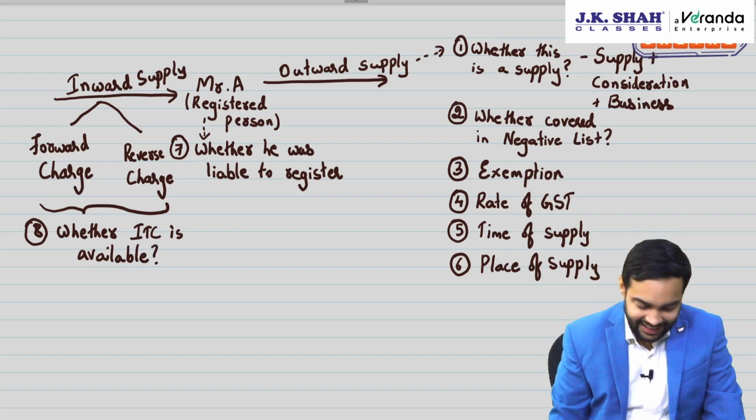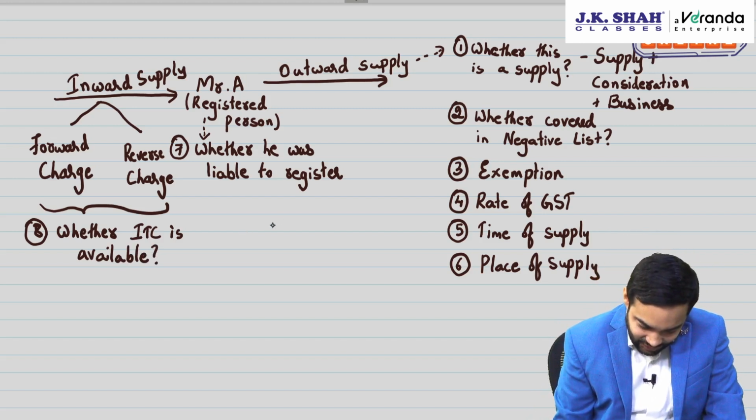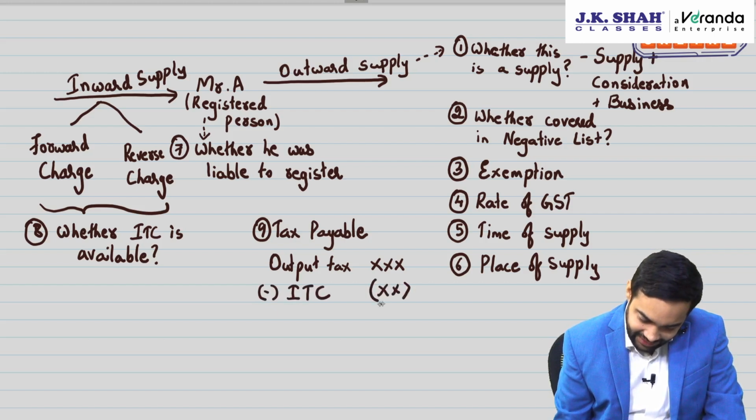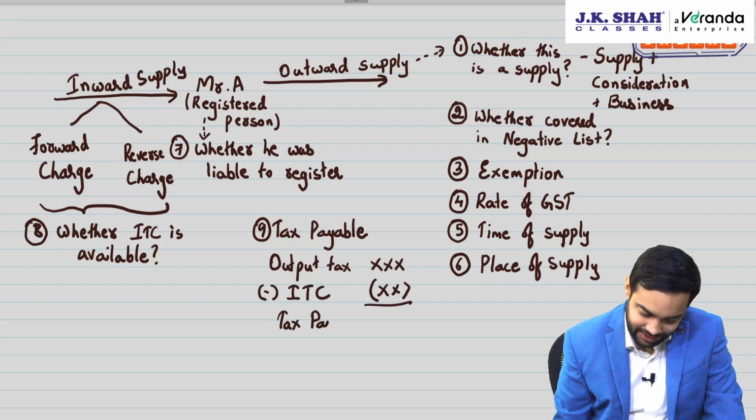Thereafter, once he does all this, he has to do a tax payable computation. Based on all these data, he will derive his output tax, and after that he will compute his ITC, and finally he will get his tax payable.